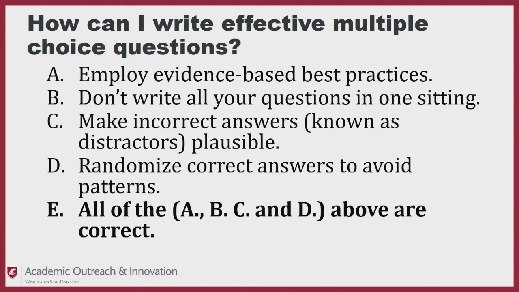I'm sorry, don't write all my questions in one sitting. C, make incorrect answers, known as distractors, plausible alternatives. D, randomize the correct answers to avoid patterns that your students can recognize. E, all of the A, B, C, and D above are correct. And bolded, maybe I gave away the punchline, E is actually the correct answer.